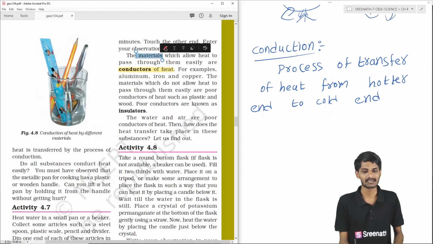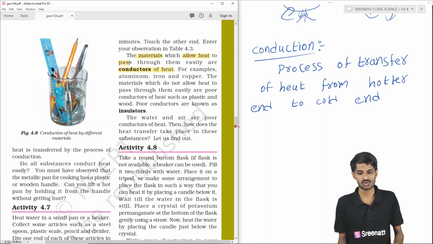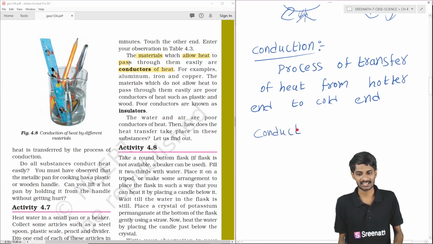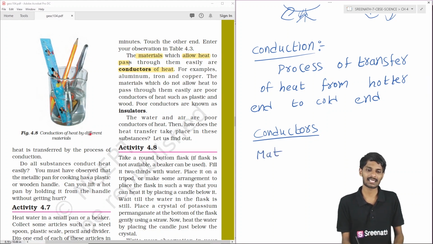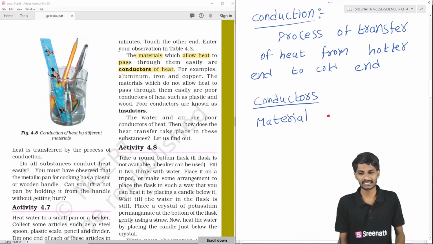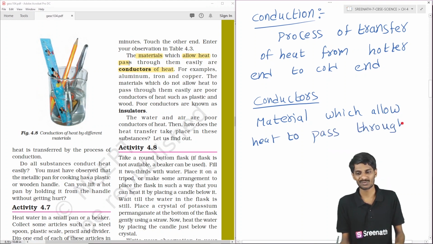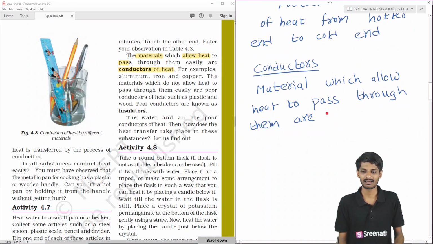Conductors are materials which allow heat to pass through them easily. Steel is a conductor. Metal is a conductor.